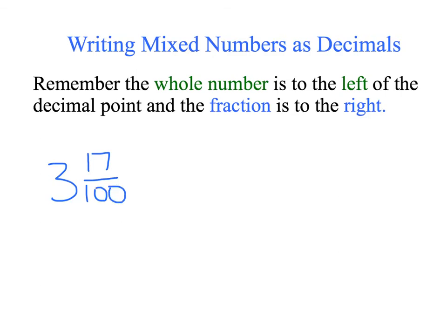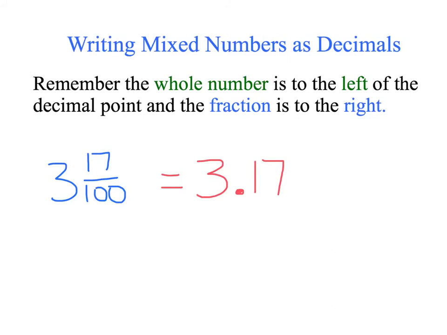So as a decimal, remembering that the whole number is to the left, we put the 3 and then the decimal point, and then it's 17 over 100. So we know that hundredths is the second place, so we can just write 17 there. So wherever the last digit ends up gives you the place value. So the 7 is in the hundredths column, so therefore we can write it that way.